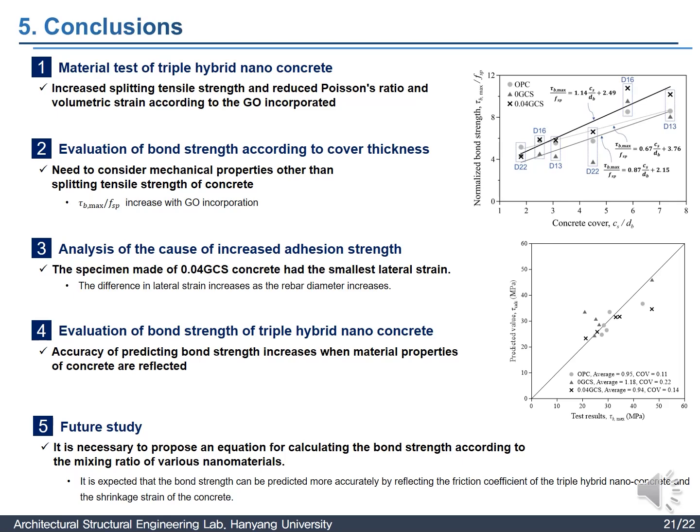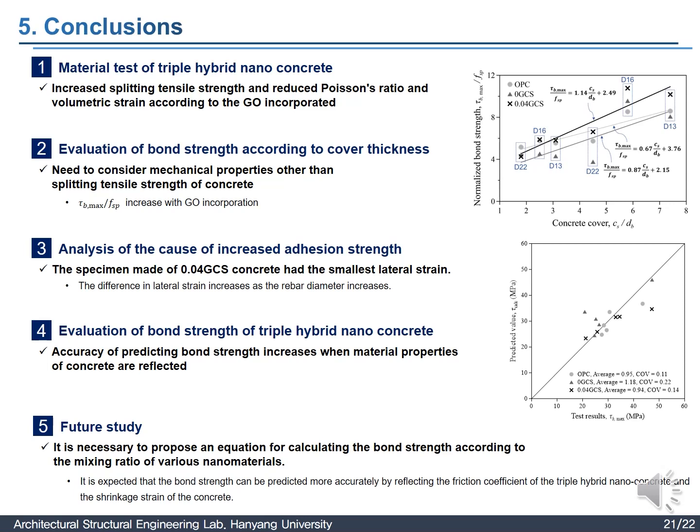These are the conclusions. First, a material test of triple hybrid nanoconcrete was performed. It was confirmed that the splitting tensile strength increased according to the nanomaterial incorporation. In addition, Poisson's ratio and volumetric strain decreased according to GO incorporation.